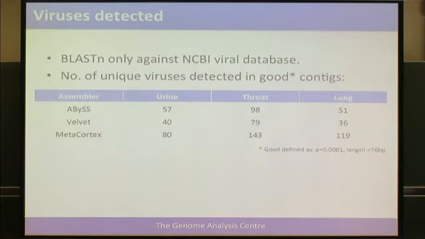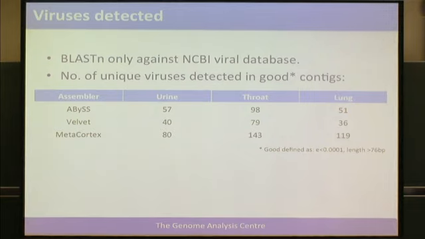What we were interested in really was the performance of the assemblers, the ability to identify the different viruses. And so this is some work that was done around the same time, but this is showing only BLASTN results for 3 of the assemblers.